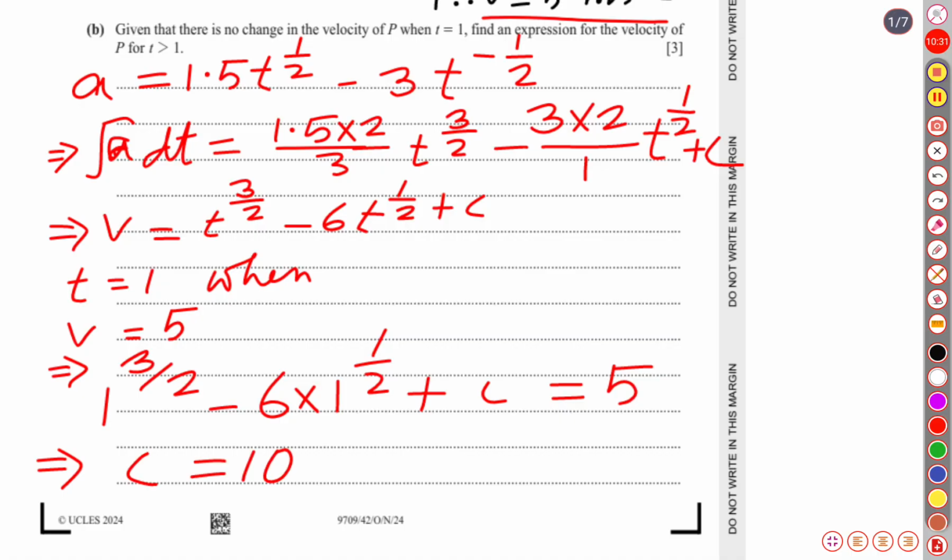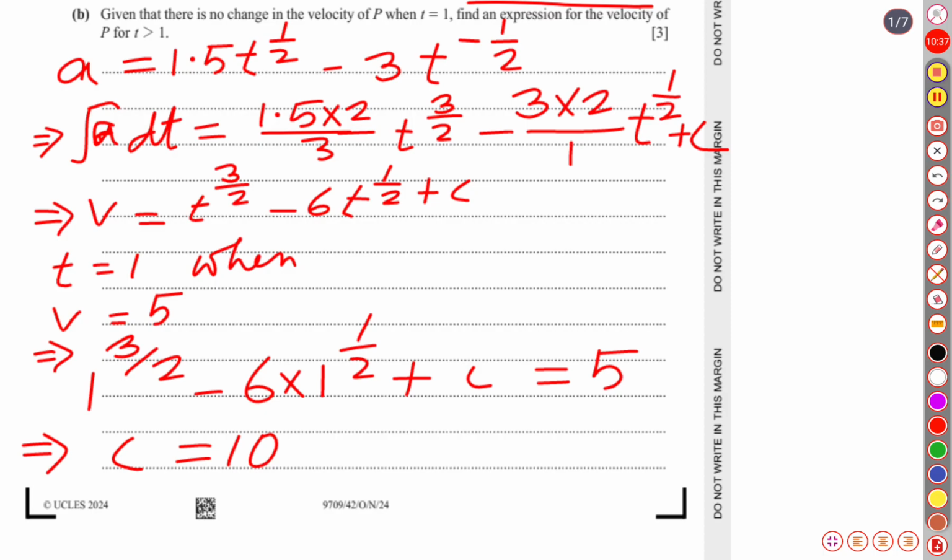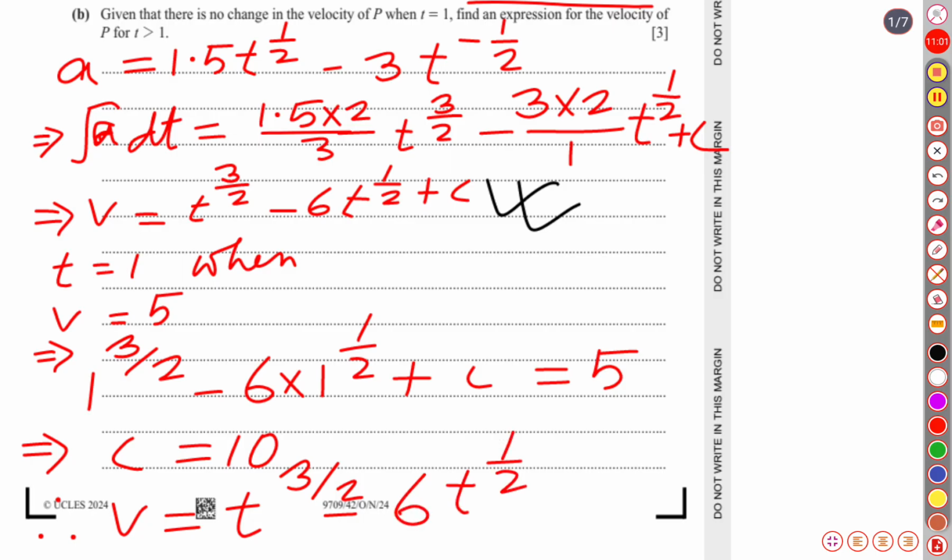So what is the expression for velocity? We can now write our expression V equal to t^(3/2) minus 6 t^(1/2) plus c, and we have already obtained c equal to 10.